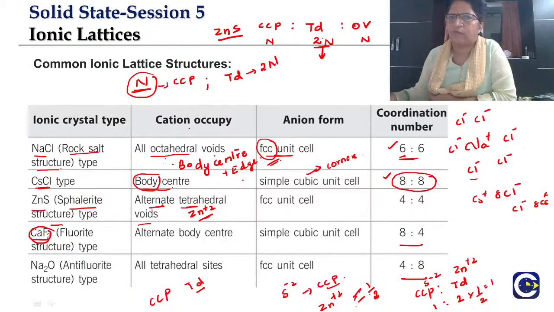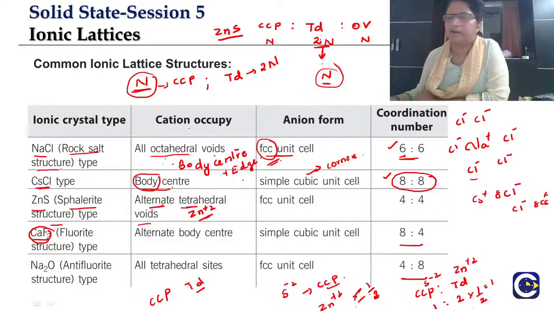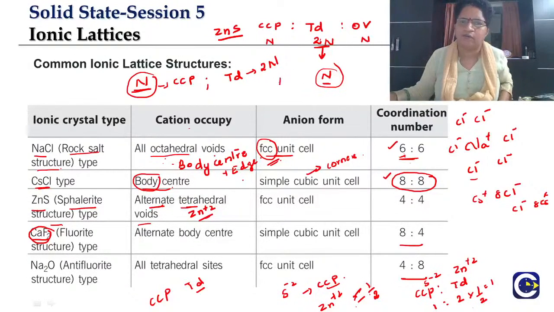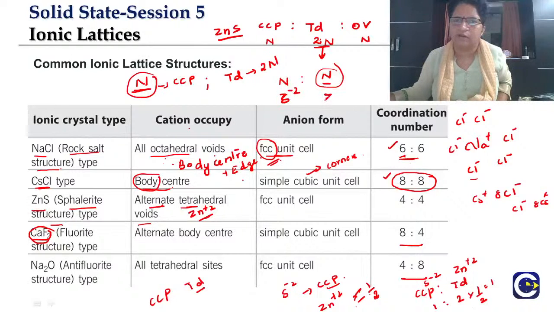Half of 2n will become n. Yes, Aditi, it will become n if it is half of the tetrahedral voids, and the closed packed structure again is n. So sulfide ion and zinc ion will be in the ratio of 1:1.